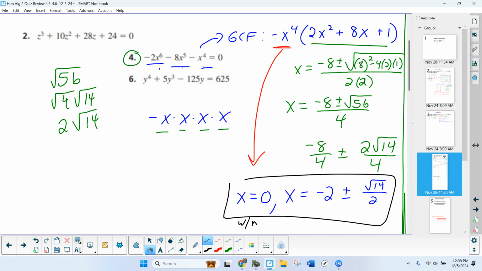This has a multiplicity of 4. And then here are your other 2 answers. So if you graph this, I'm going to assume it bent at 0. Did it bend at 0? Yeah. Okay. Questions? Did I answer that one? That one was kind of weird. That one was definitely a weird one.